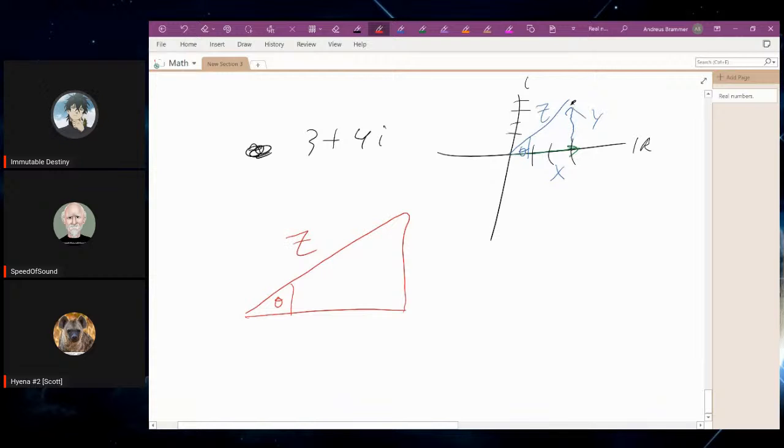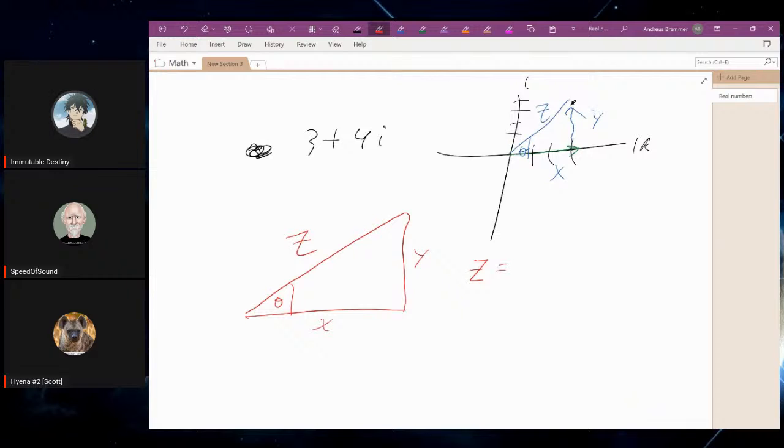So this is z as the hypotenuse, and this is x, and this is y. As a matter of fact, what we can do, as always, is something fun. So we can say that z, using trigonometric functions, we can say that z is x cos, let's see.